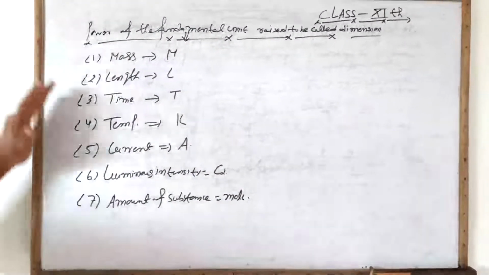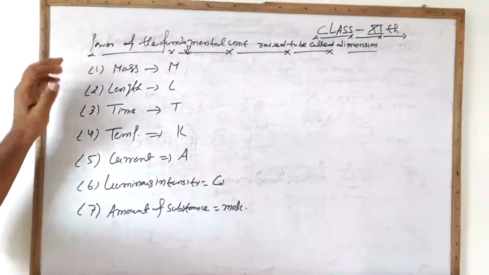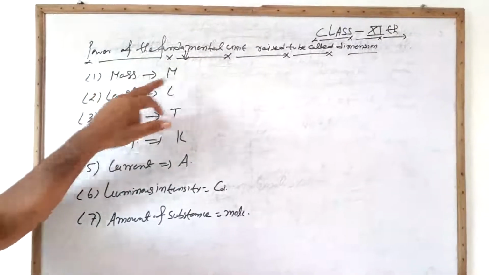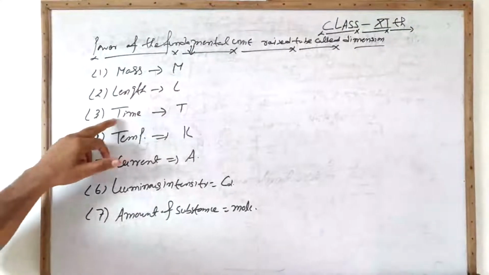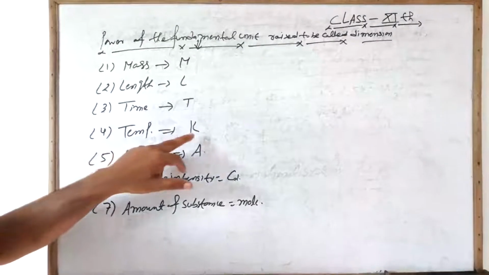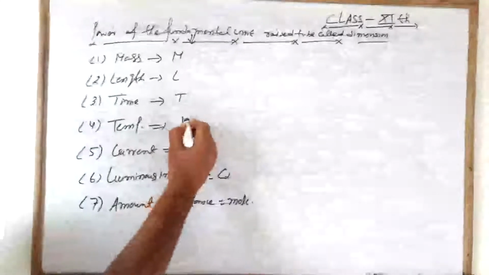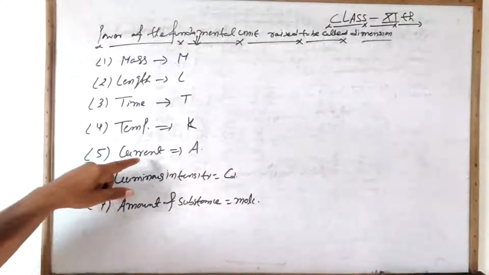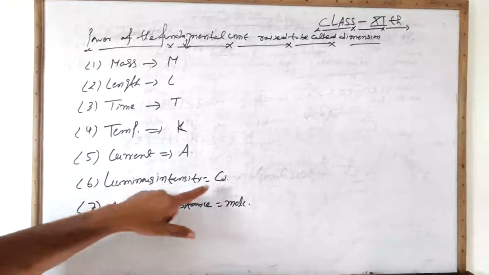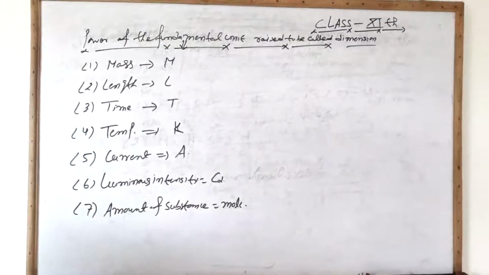These are the fundamental units. How many fundamental units? 7. Mass is M, length is L, time is T, temperature is Kelvin, means K, current is A, luminous intensity is candela, and amount of substance is mole.